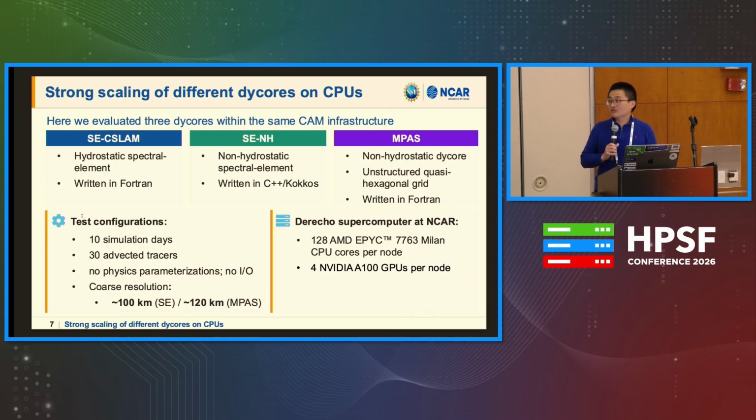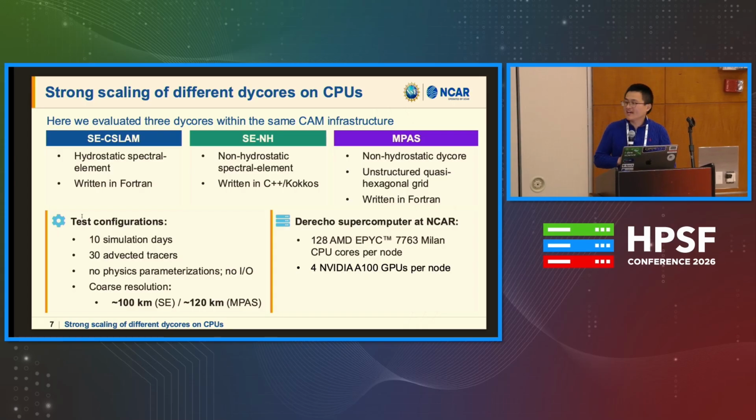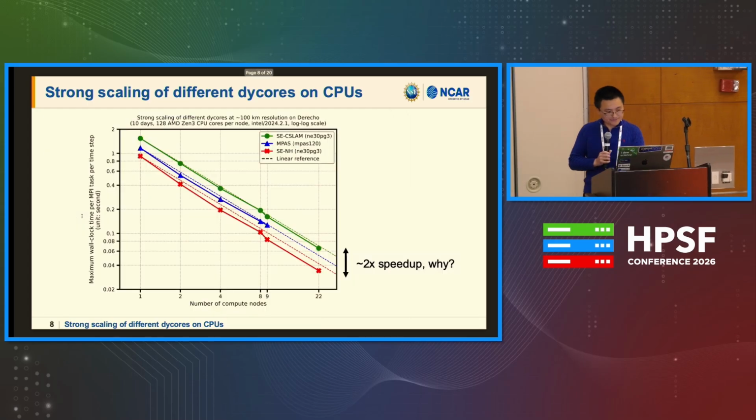It is a heterogeneous machine, with both CPU and GPU nodes available. For the CPU nodes, it has 128 AMD Zen 3 CPU cores per node. For the GPU, we have 4 NVIDIA A100 GPUs per node.